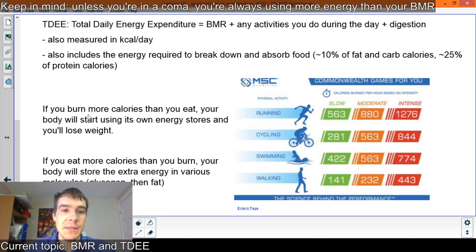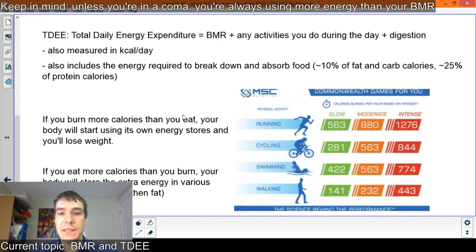If you're using more energy than you're taking in, you have to get that energy from somewhere. You can't just create energy out of nowhere. It's got to come from your own energy stores, so from your fat and from your glycogen. So if you burn more calories than you eat, your body starts using its energy stores. And the two obvious ways to do that is either to do more activities to burn more calories, or to take in fewer calories.